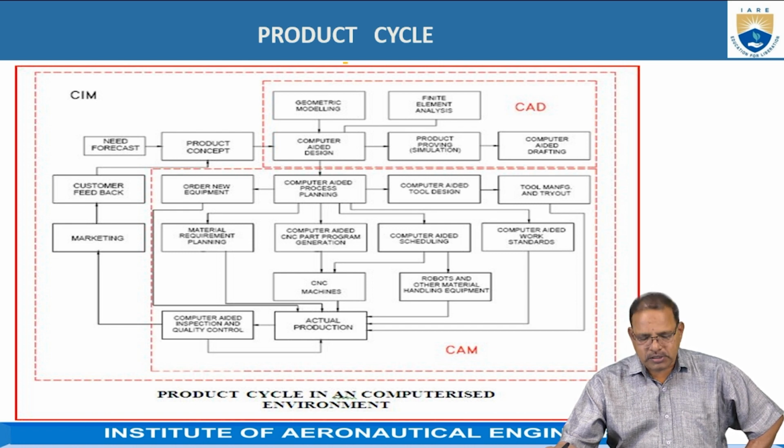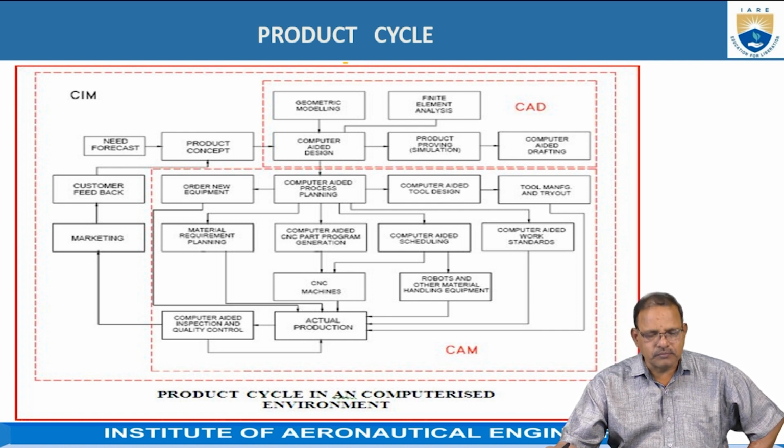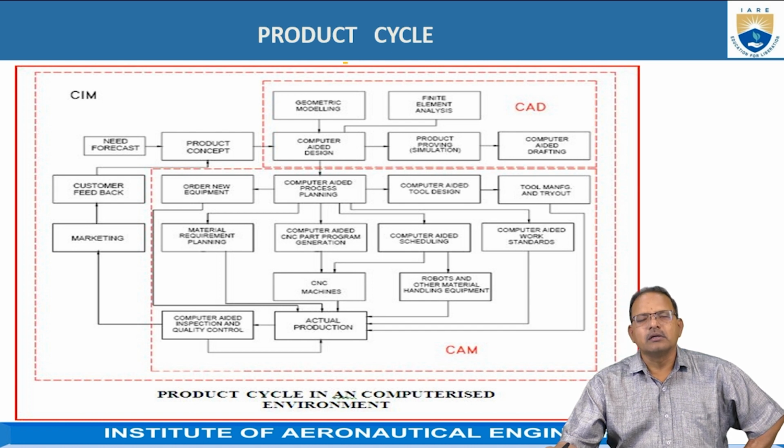After completion, the product is checked whether it withstands the forces and whether it is as per the dimensions or not. That is, quality inspection is required. Then it goes to marketing. Afterwards, take the feedback from the stakeholders. If any deviation is required, again it will go for the product design once again, the CAD process.